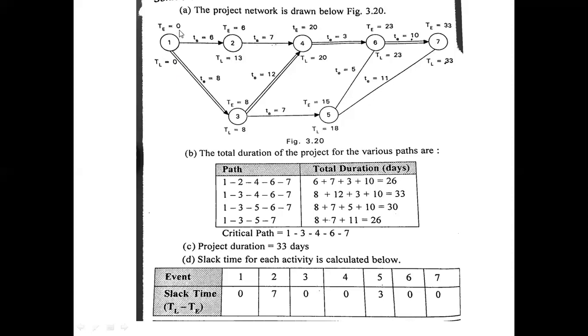For the second it is 0 plus 6, it is 6, and for the fourth one it is 6 plus 7, it is 20. Why did you get this 20? Actually 6 plus 7 is 13, but how did you get this 20? Let me tell. See here, starting from here.